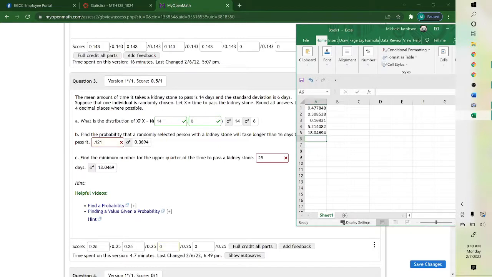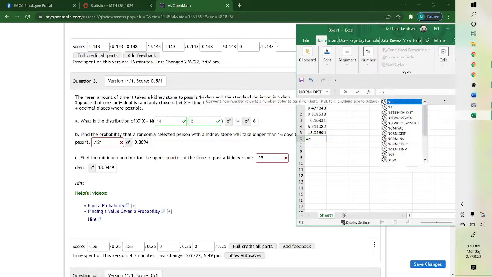Part B, find the probability that an unafflicted person with a kidney stone will take longer than 16 days. Okay, so we would click up by the function, equals the norm. We have a number, so we're using the first one.